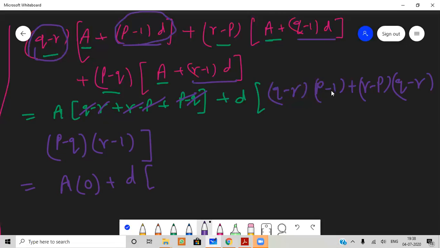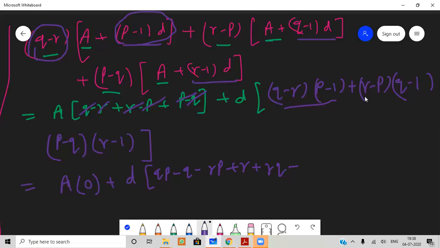Let me see what I'm getting. I'm getting qp minus q minus rp plus r. That's what we get multiplying these two terms. Let's see this one, plus rq minus... there I think we made some mistake here. It was r minus p into q minus 1, right? It is q minus 1.